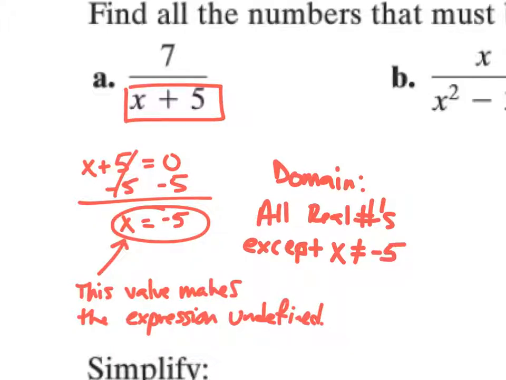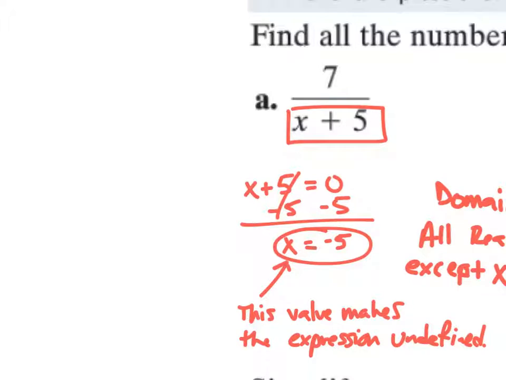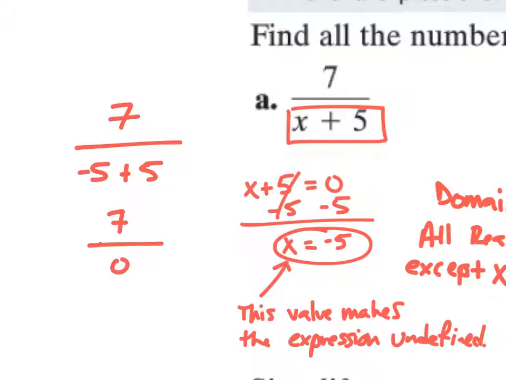Because if I plug in -5, let's just think about this. We just have an expression here, I have 7 over -5 plus 5. If I plug that in, I get 7 over -5 plus 5, which is 0. That will make my denominator 0 if I plug that in.